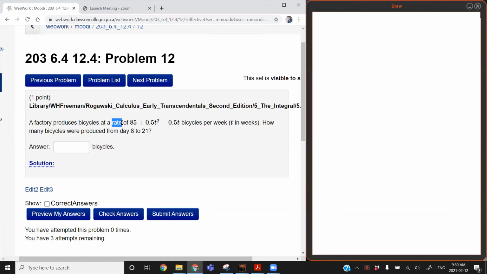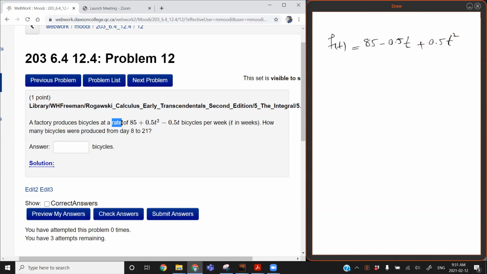Bicycles per week. So f of t is 85 minus 0.5 t plus 0.5 t squared.